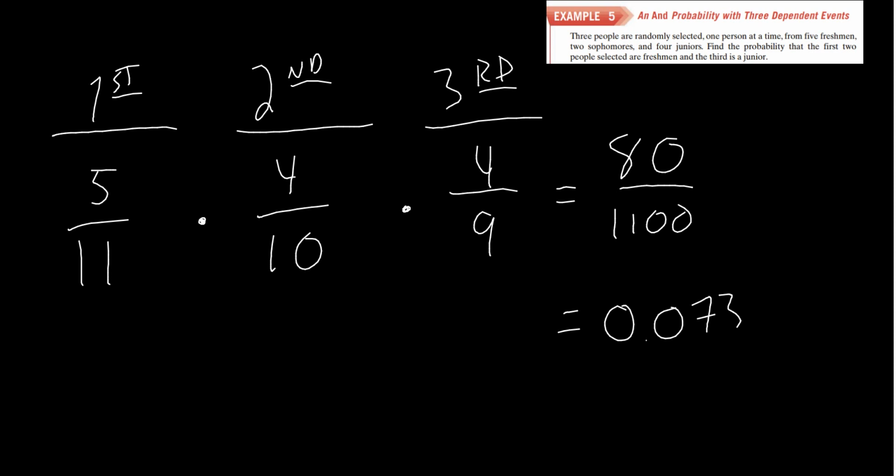We'll just round to 3. So that's the probability of us pulling 2 freshmen and 1 junior, and that's roughly 7%. So a little over 7%.